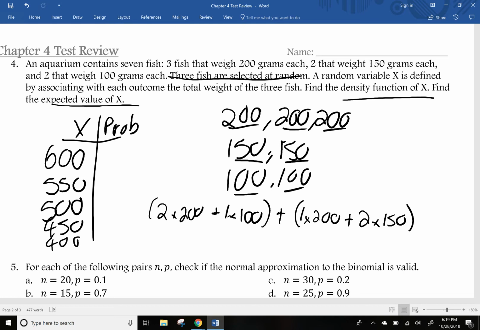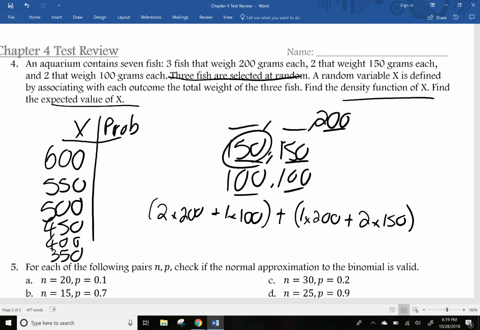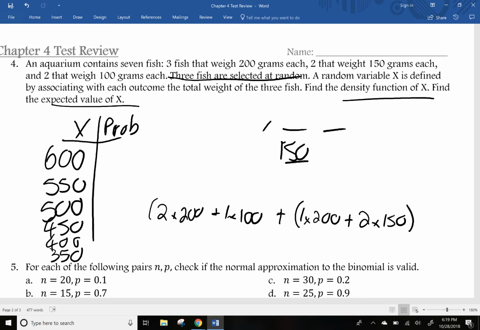I could choose, and I think this is the last one, 2 100s and a 150, which would make a total weight of 350. So I believe those are all the different possibilities. If you think of more, let me know. But we should be able to know this when we start working out the problem if we've missed any.